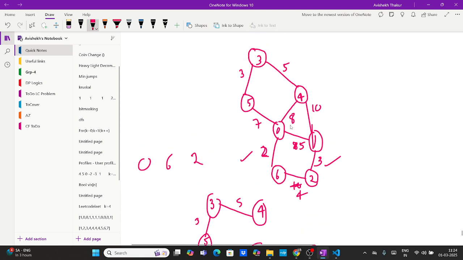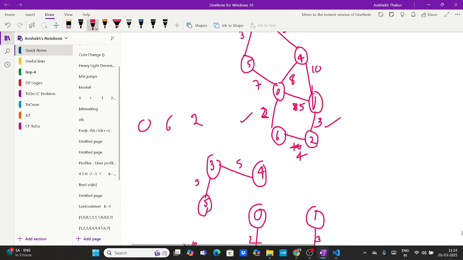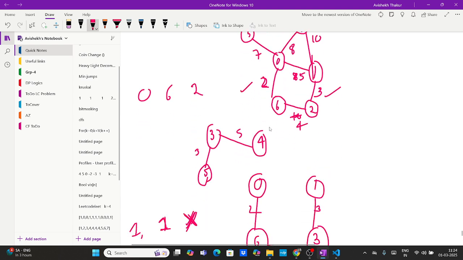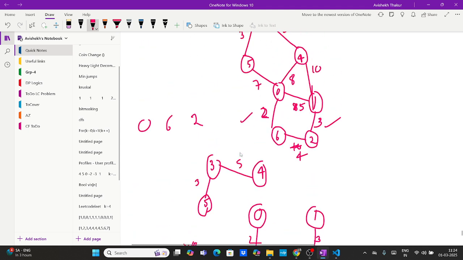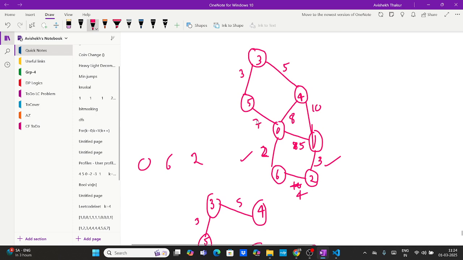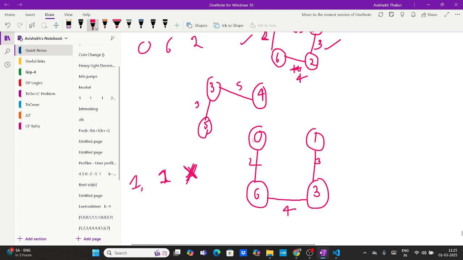Which one shall we consider? 5, 0 or 4, 0. We will consider 5, 0, since 5, 0 has weight 7. Can we connect them? Yes, you can. And is the tree ready?